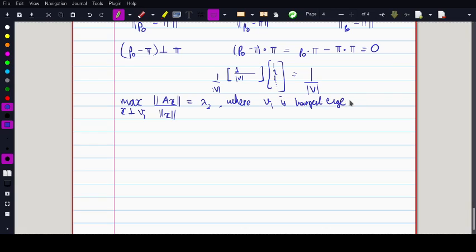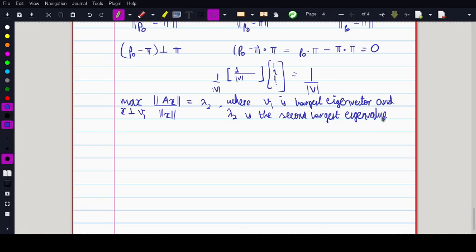What largest eigenvector means is the eigenvector corresponding to the largest eigenvalue, and λ2 is the second largest eigenvalue.